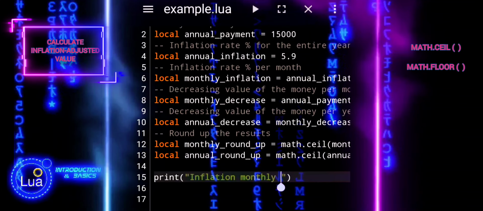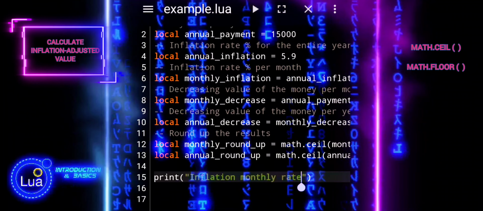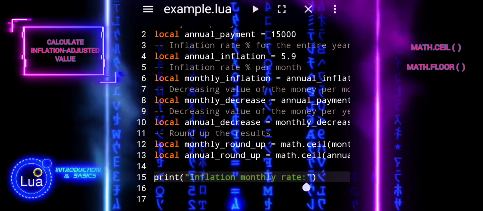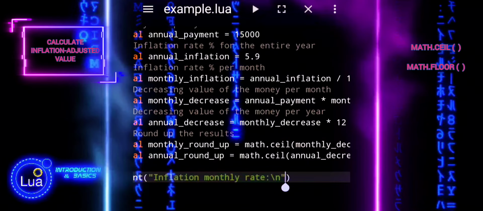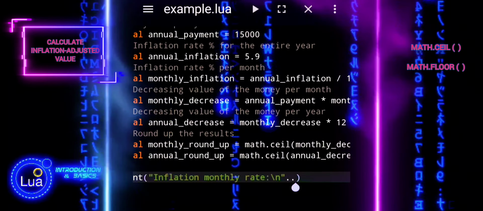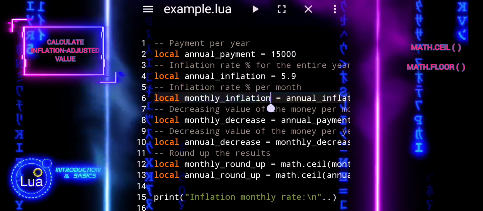Here, by directly multiplying monthly inflation by 100, the code accurately calculates the monthly inflation rate as a percentage. However, this approach retains the decimal precision of the original value, which may result in a percentage with more decimal places than typically presented.